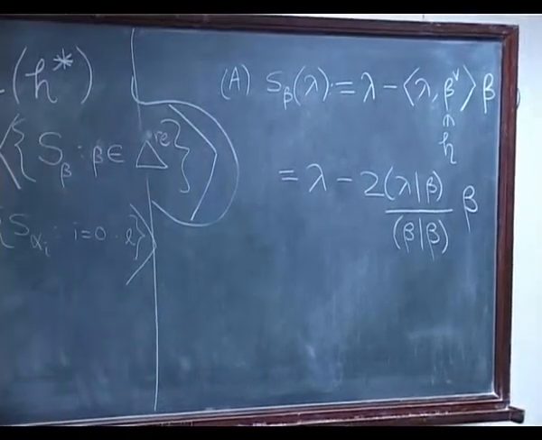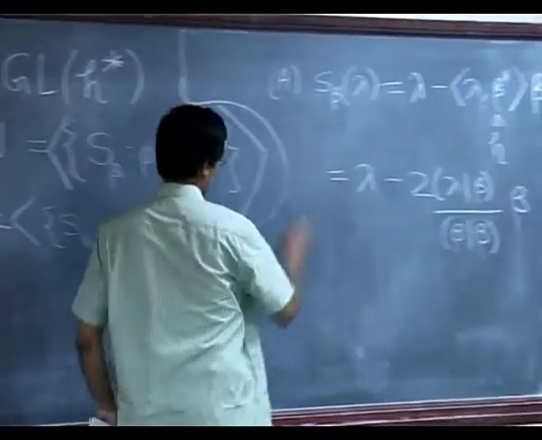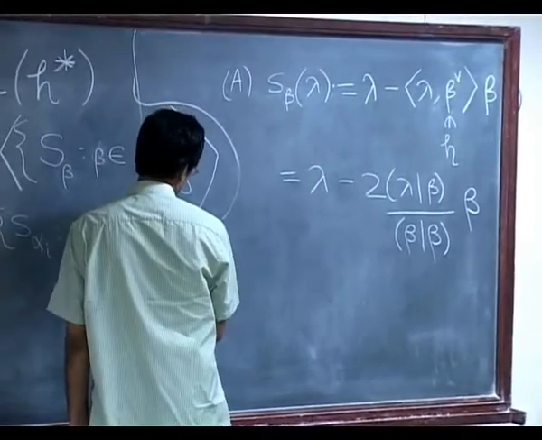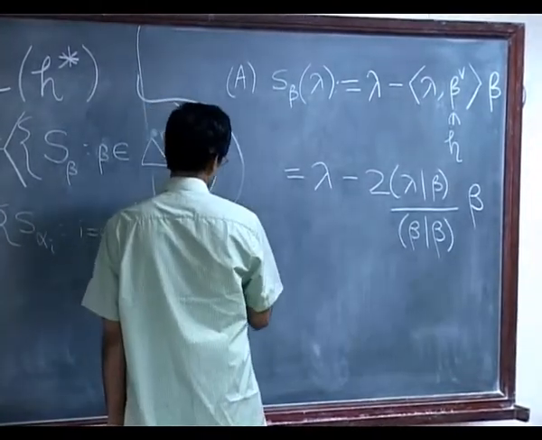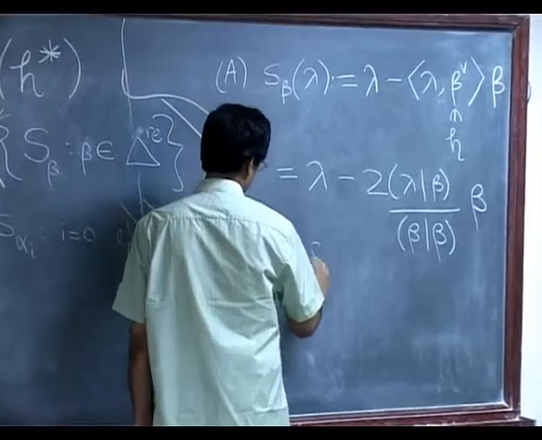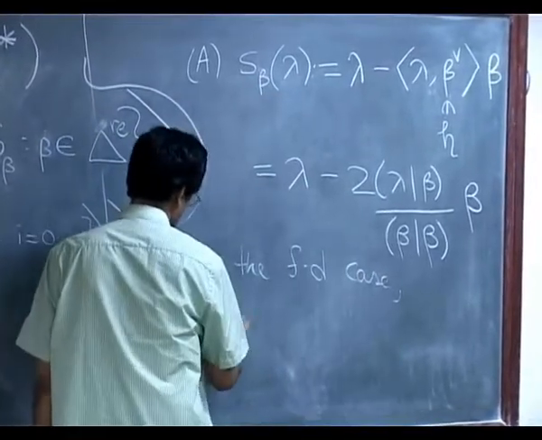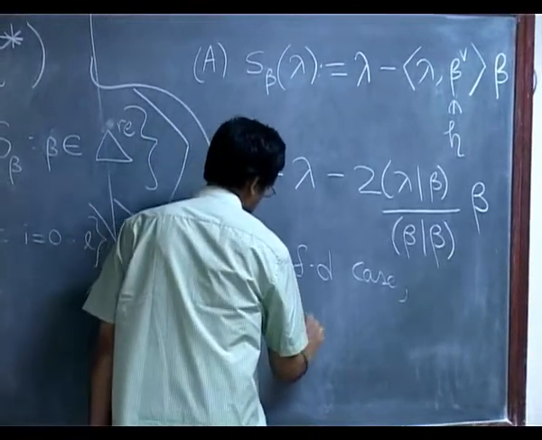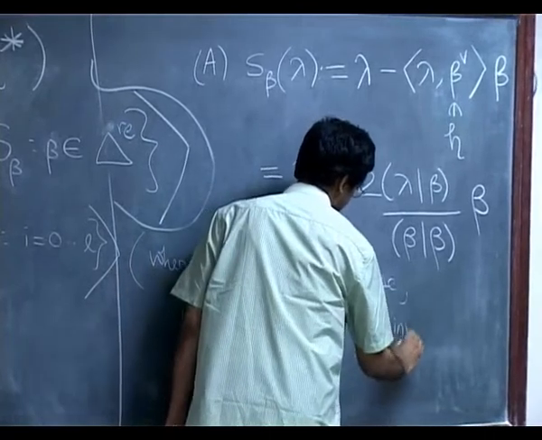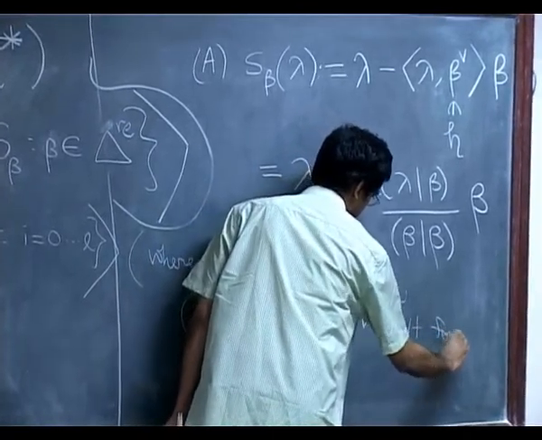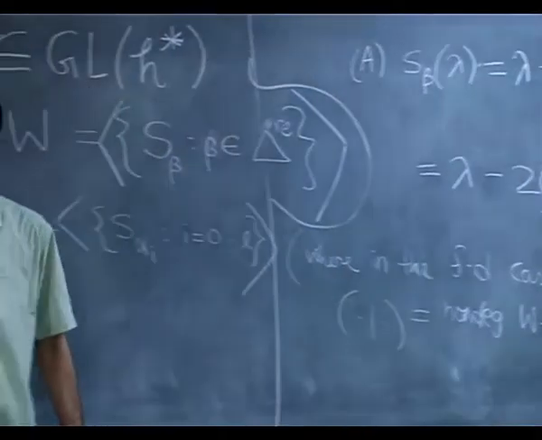In the finite dimensional setup, this would be what the reflection is, where that form was chosen to be some non-degenerate Weyl group invariant form on the dual of the finite dimensional Cartan subalgebra, right?